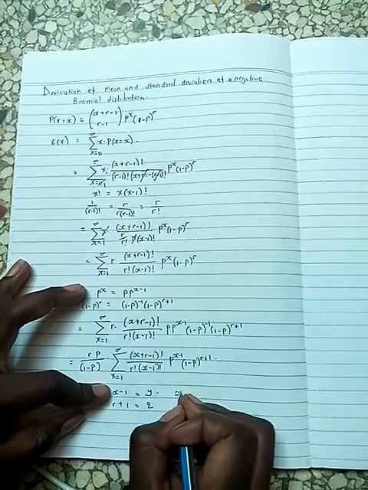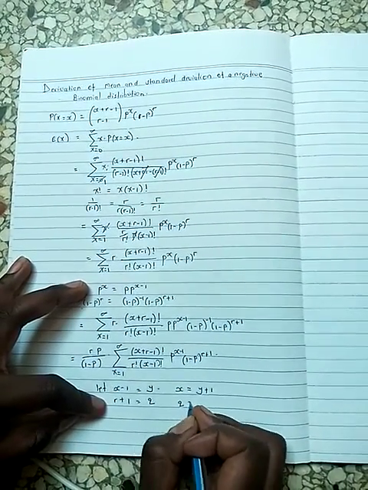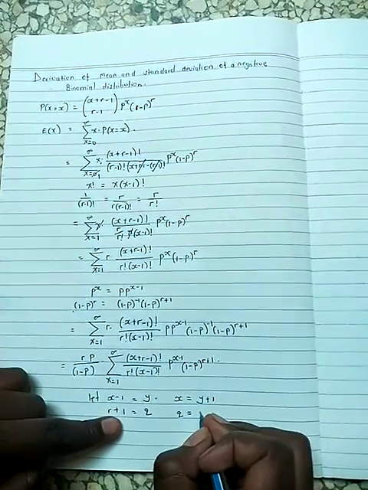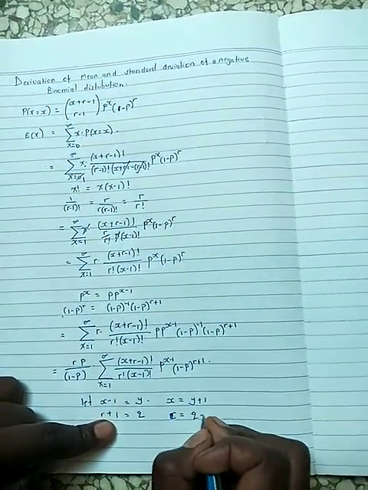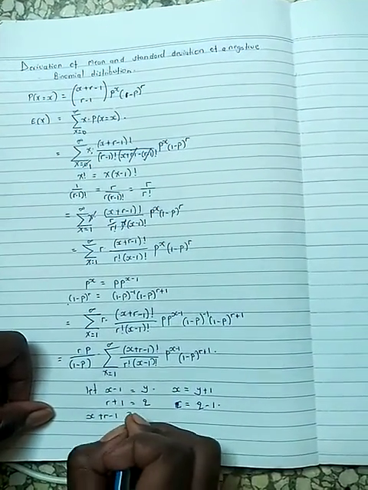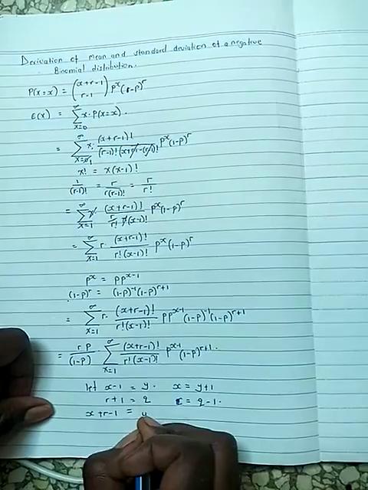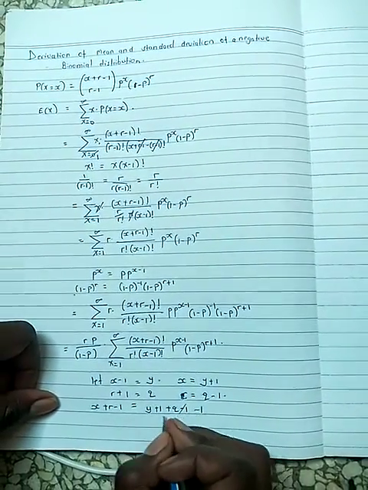So here our x is going to be equal to y plus 1, and our r is going to be equal to q minus 1. So x plus r minus 1 is going to be equal to y plus 1 plus q minus 1 minus 1. This and this will cancel.